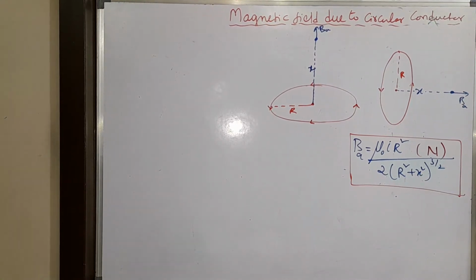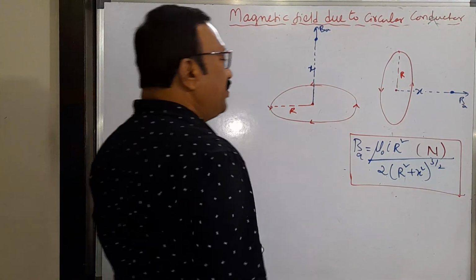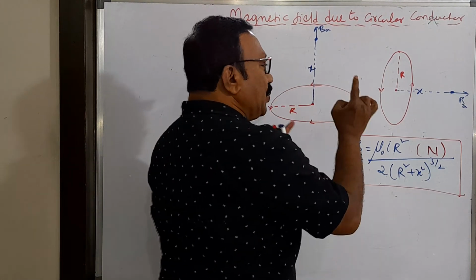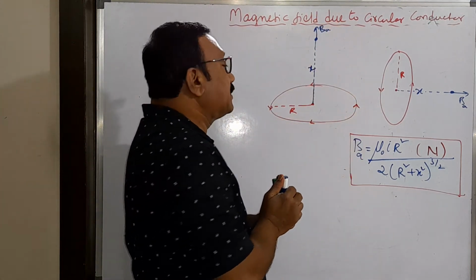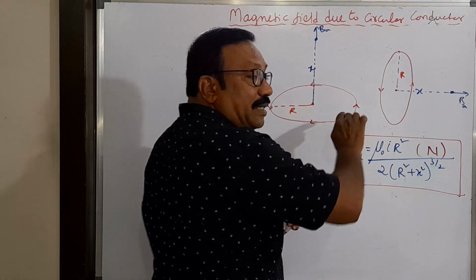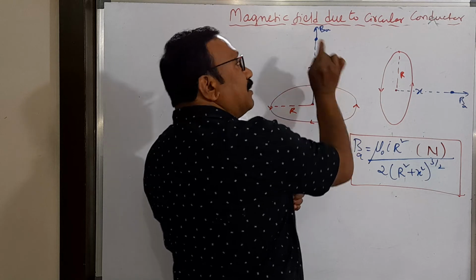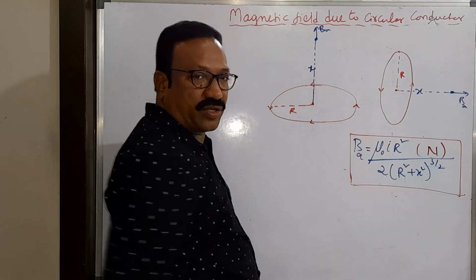Now you might have thought about this. We have determined the magnetic field due to a circular conductor at a distance x, which is given by this relation.